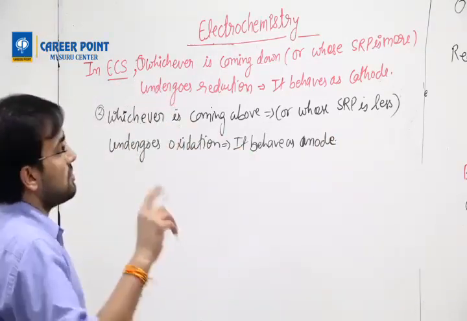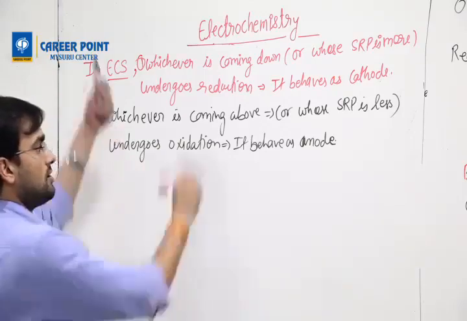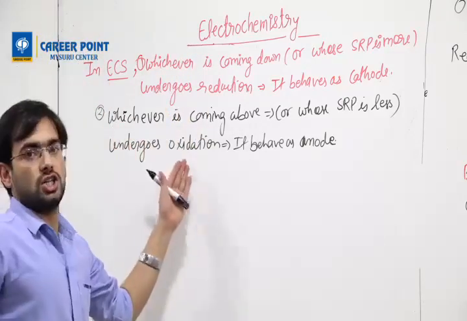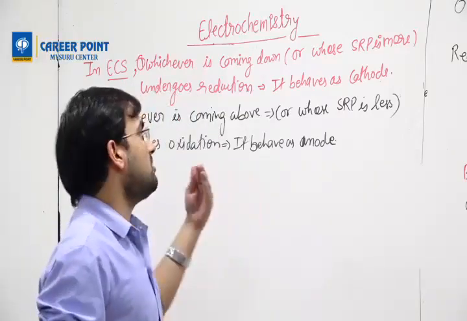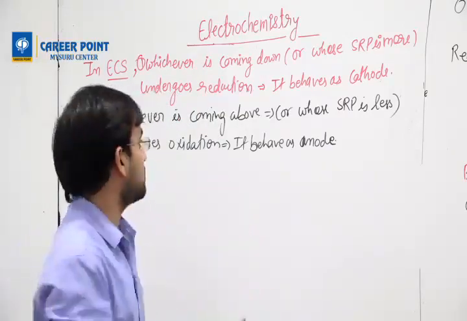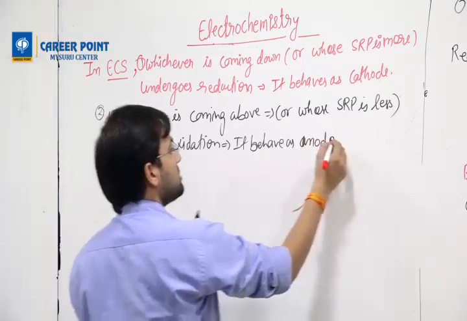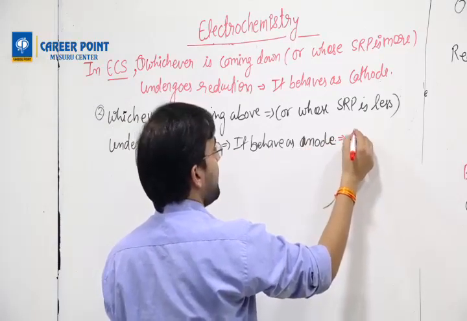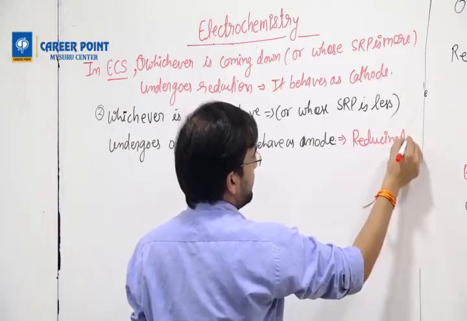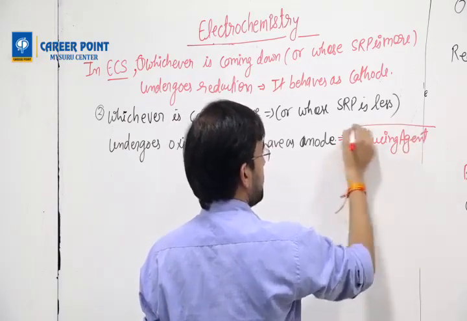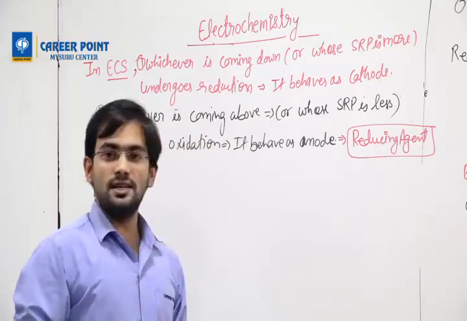Now one more interesting point, if you are able to understand. If it undergoes oxidation, it itself is undergoing oxidation, and it means it will reduce others. So if it undergoes oxidation, it can also behave as a reducing agent. What is the definition of a reducing agent?